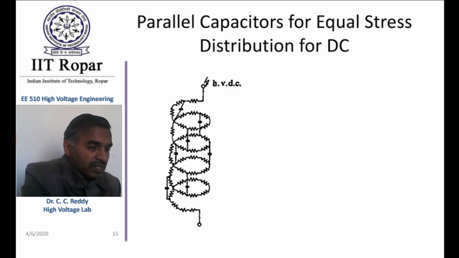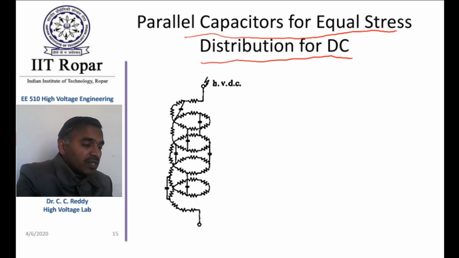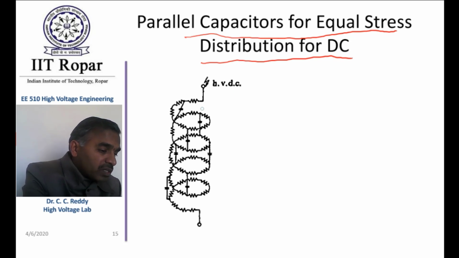Now, parallel capacitors for equal stress distribution for DC. Under the DC case, in normal condition it is a resistive divider only, but under sudden voltage drops, as we have just seen, the voltage distribution follows the capacitive distribution. That is why, for that purpose, one way of mitigating it is to connect parallel capacitors like this between the columns.